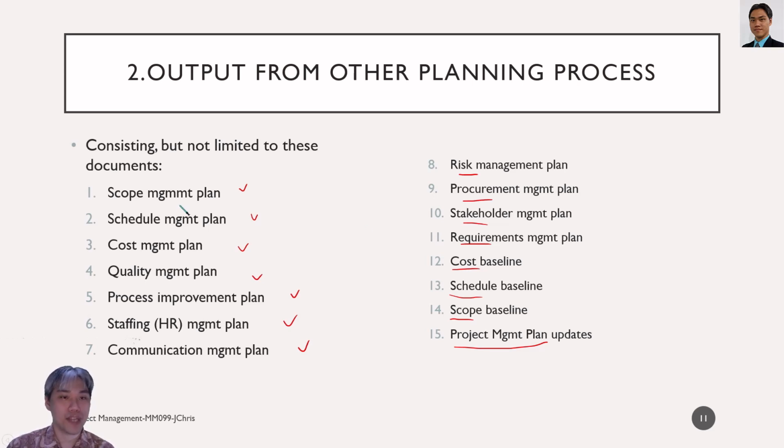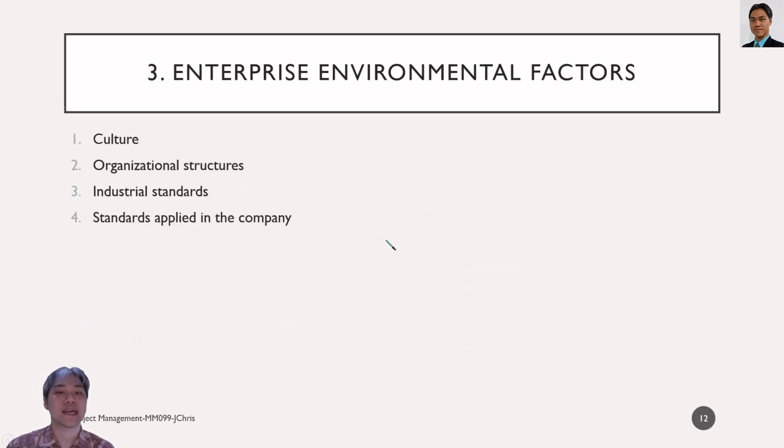And we have a bunch of other process documents that become an input for this planning. The third input is enterprise environmental factors. When we talk about environmental, it's not about biological diversity and so on, but about the organizational culture and structure.